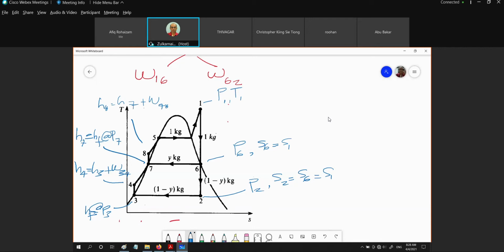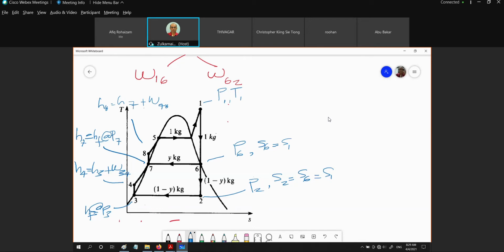When you are determining this W34 to get the enthalpy, you don't take the fraction into account. Same goes for the equation to get H8. H8 is equal to H7 plus W78, whereby W78 is equal to V times (P8 minus P7).